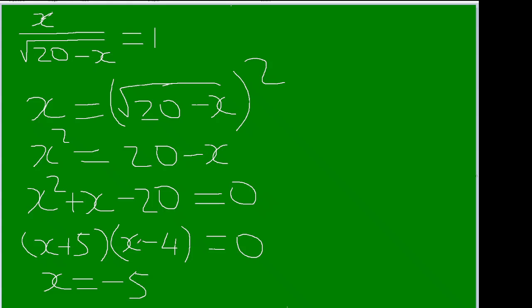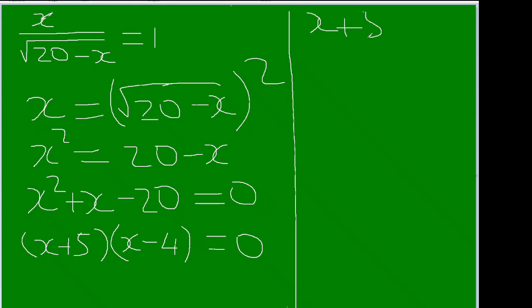Okay, let's do it in full for those who want to understand it. We'll have the first factor, x plus 5 is equal to 0. When we solve it, x is equal to, taking 5 to the other side, negative 5.